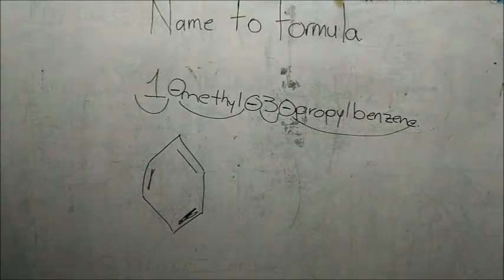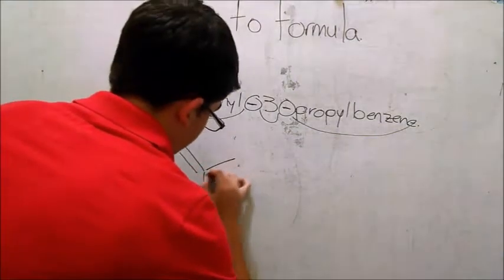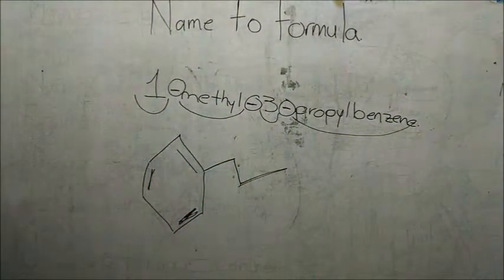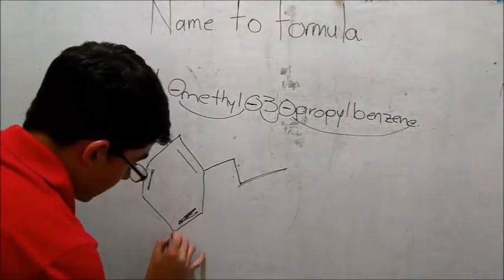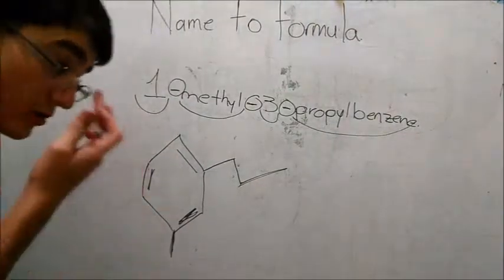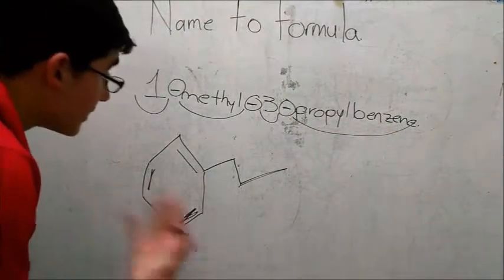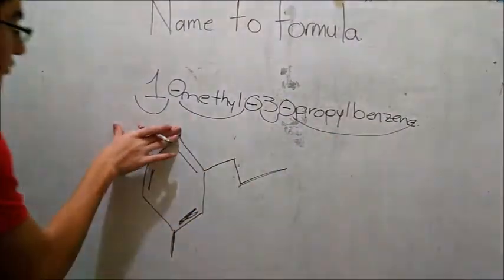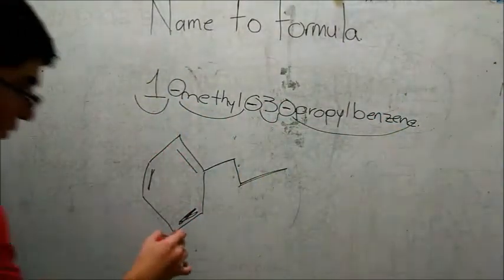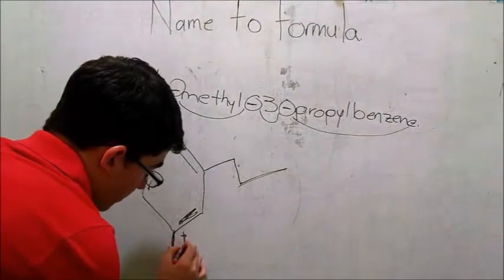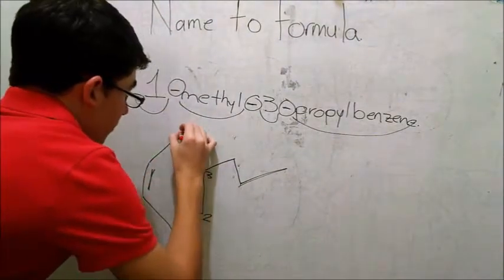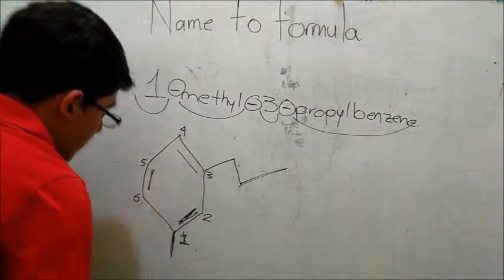In this case we are going to have this, this, and this, and then over here like this. Why do we know that it is like this? First of all, we need to put the numbers so we can identify that it is correct. So we put 1 methyl 3 propylbenzene. Over here we put 1, and then 2, 3, 4, 5, and 6.